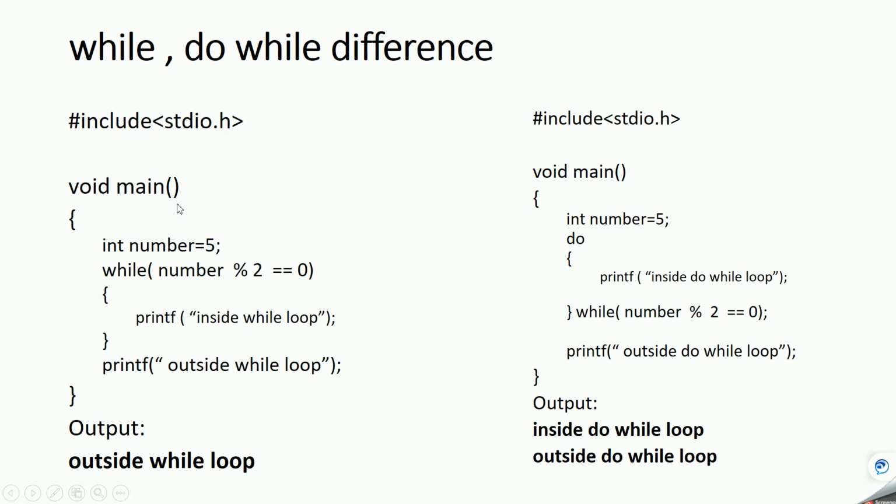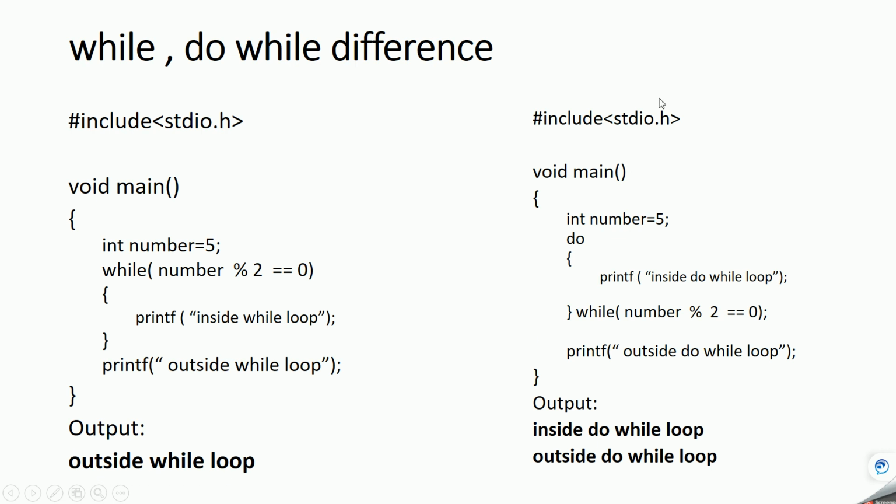So when we divide 5 by 2, it will give the remainder as 1, so this condition will become false. It will not go inside this body, means this code will not get executed, and this code will get executed. So the output of this particular program will be outside while loop.